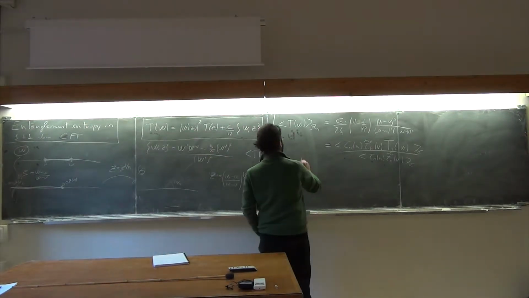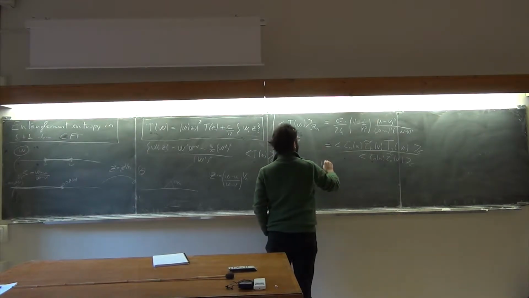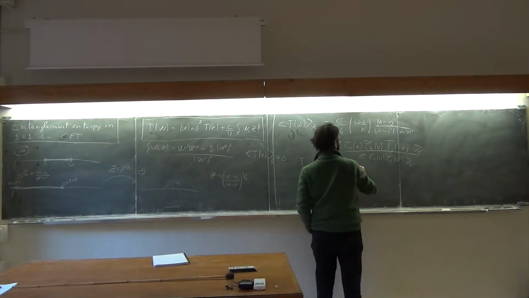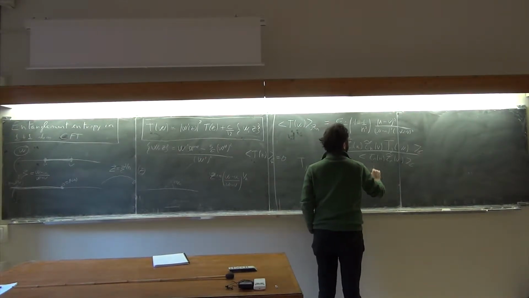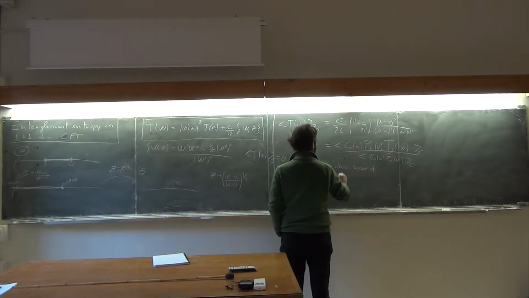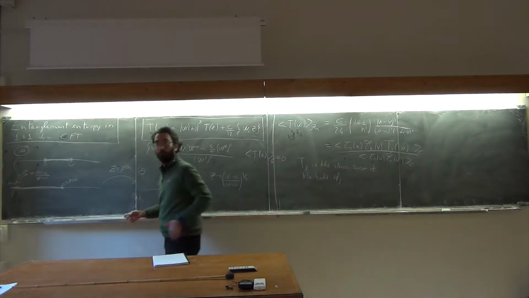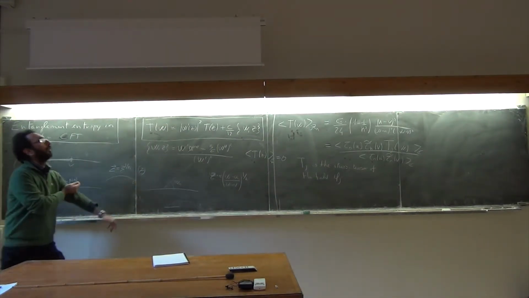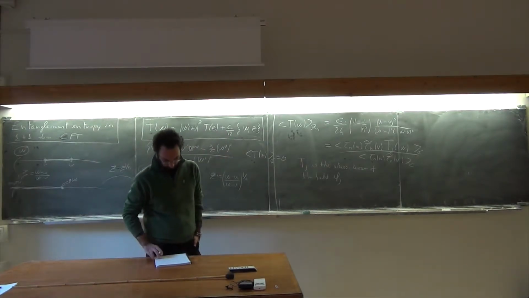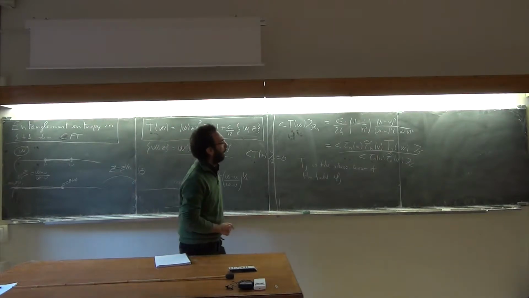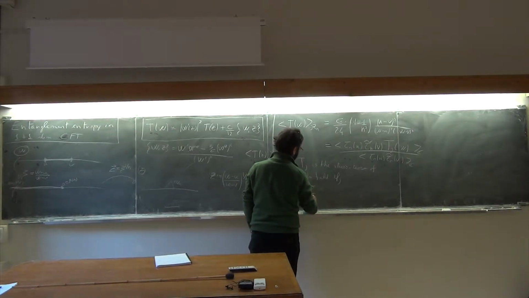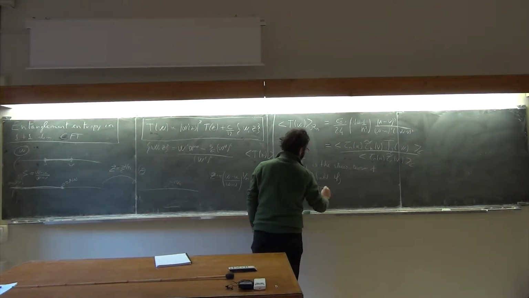And Tj is the stress energy tensor of the field that we call phi j. There are n of them, they are all the same, so this is one of them. In particular, the total stress energy tensor of the whole theory is just equal to the sum over j from 1 to n of this Tj.